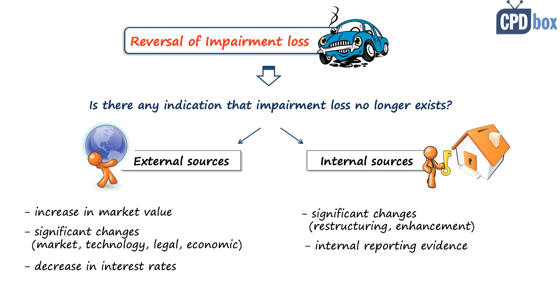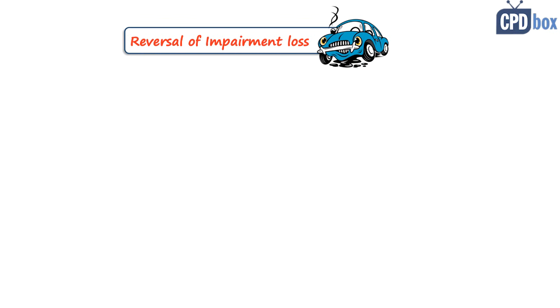And you can see examples on the screen. So if you find such an indication that an asset might no longer be impaired, then it's necessary to estimate the new recoverable amount. And only when there is a change in estimates used to determine asset's recoverable amount, then you might reverse the recognized impairment loss.